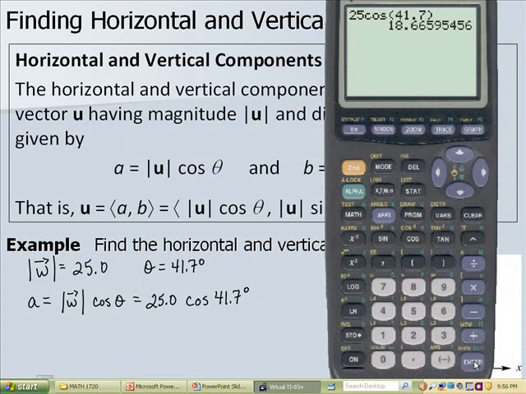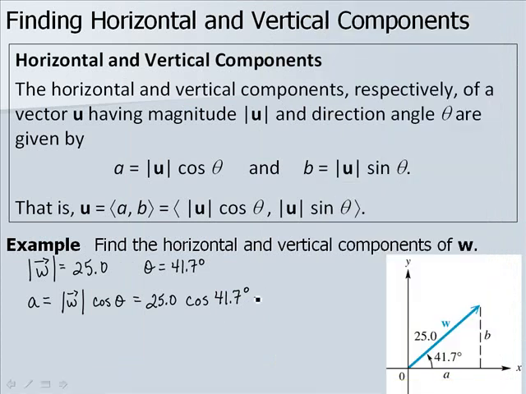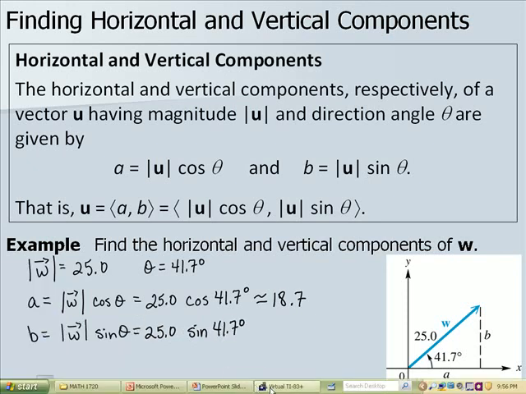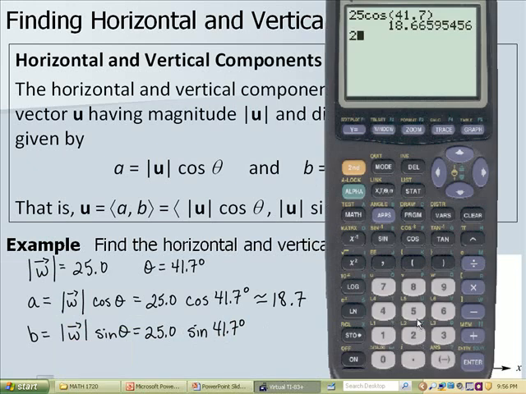And we see that we get a horizontal component of about 18.7. Our vertical component would be the magnitude of our vector times the sine of our direction angle. So we have 25.0 times the sine of 41.7 degrees, and we see that we get approximately 16.6 for our answer.